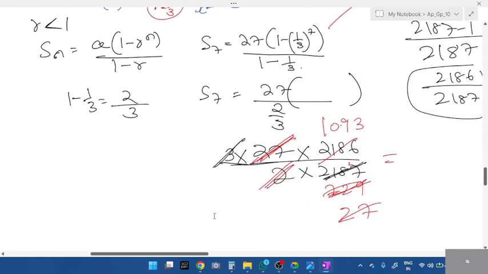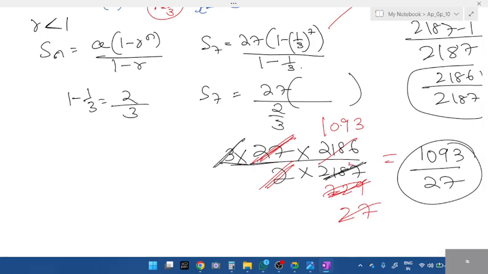Tell me, Naomi. Is that the answer in the textbook? Then our answer is correct, right? This is the answer, students. Don't convert into decimal or fraction. 1093 divided by 27.